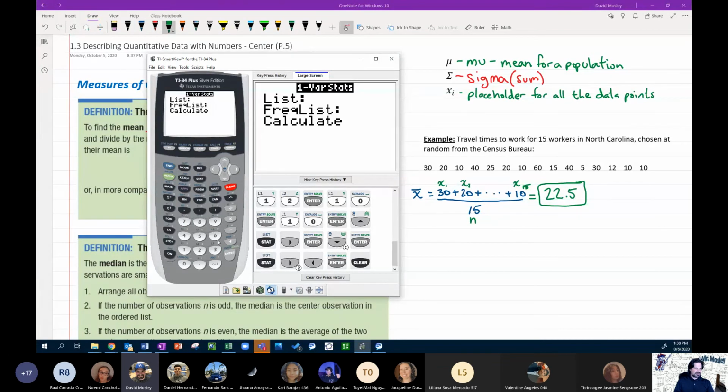And then if you look at your number pad over here, in blue letters, it says L1, L2, L3, L4, L5, L6. If I hit second and the number 1, it puts L1 in there for me. And that's the list I need. I do not have a frequency list associated with this list. So I don't need to have another thing in there. So I'll just go on and hit calculate.